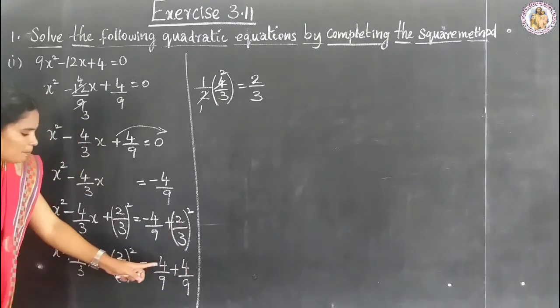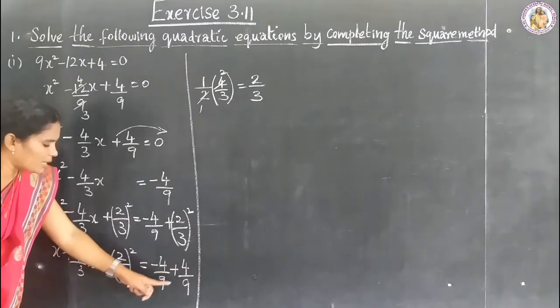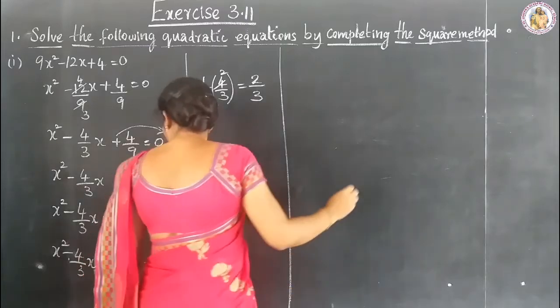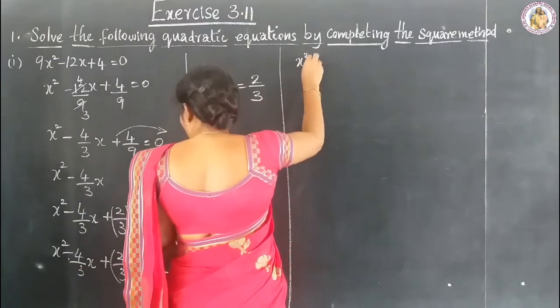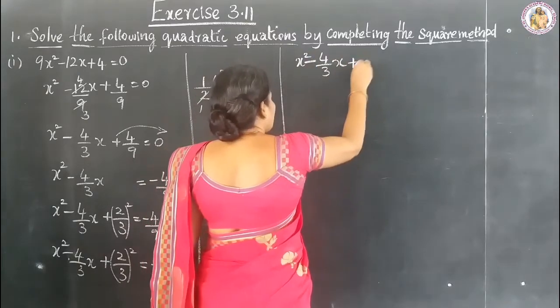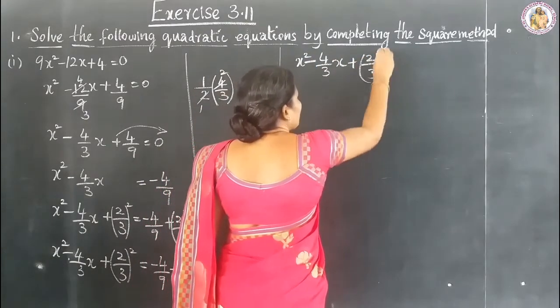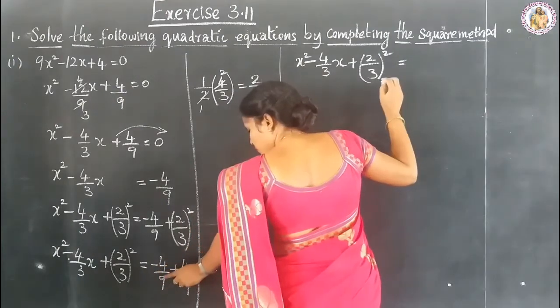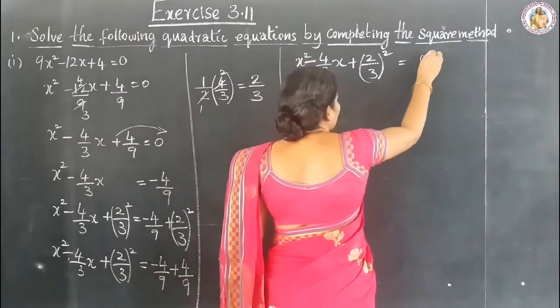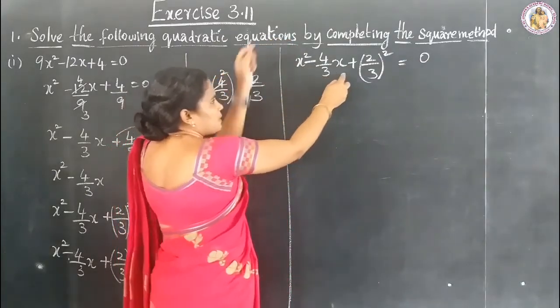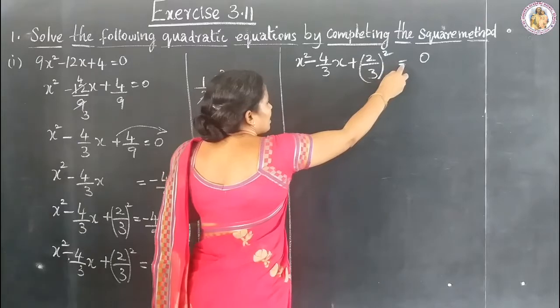Now you can see minus 4 by 9 plus 4 by 9 is equal to 0. So x minus 2 by 3 whole square is equal to 0.